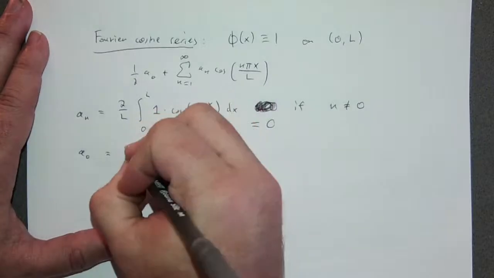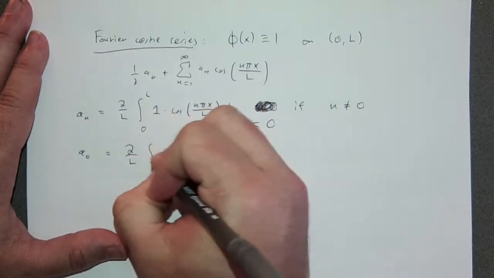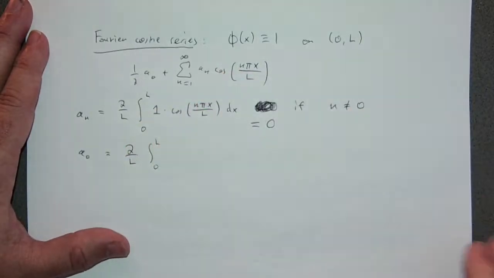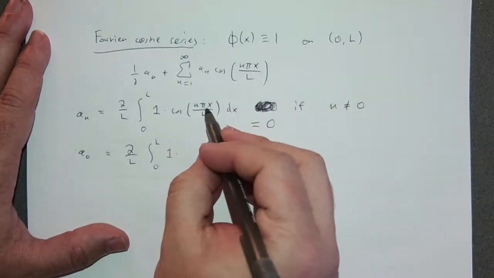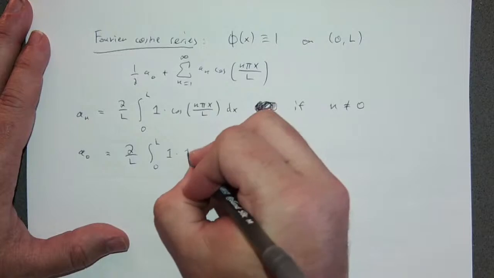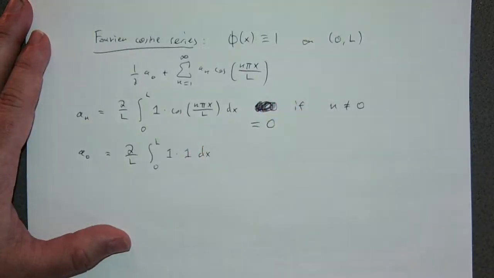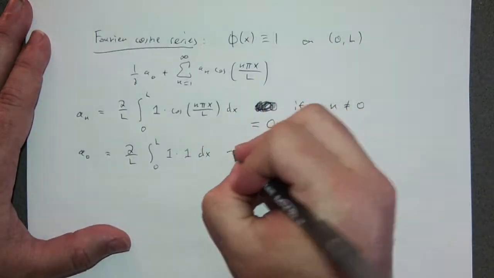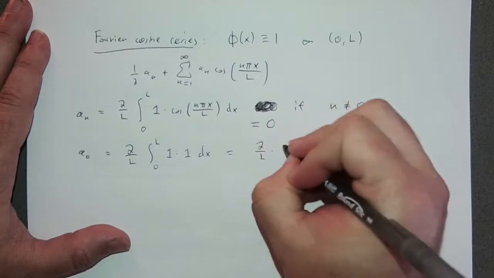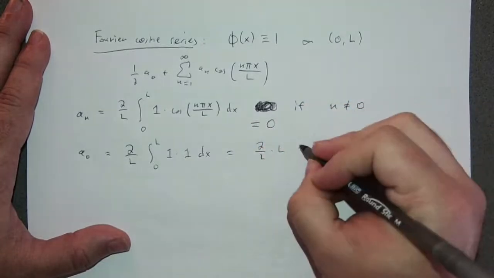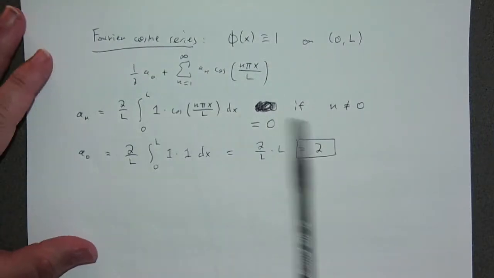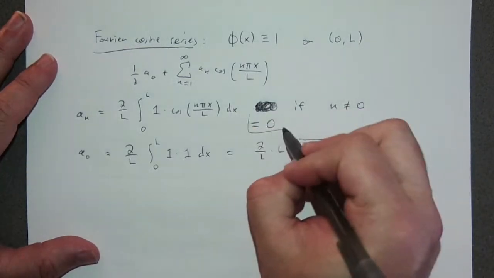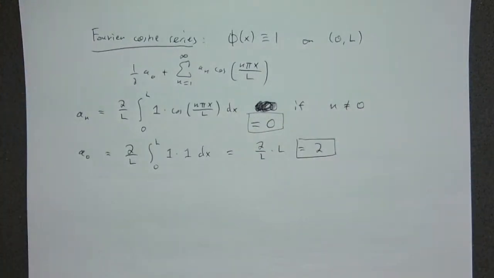So a naught is 2 over L times the integral from 0 to L of 1 times cosine of 0 pi x over L, which is also 1, dx. And so this is 2 over L times L, so this is 2. So a naught is 2. A sub n is 0 if n is not 0.